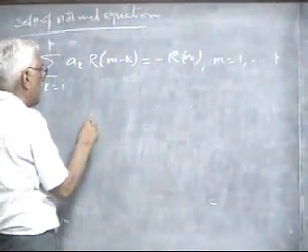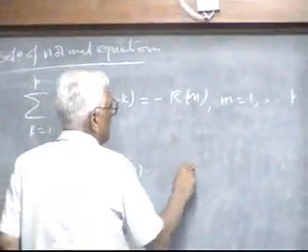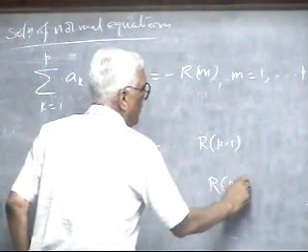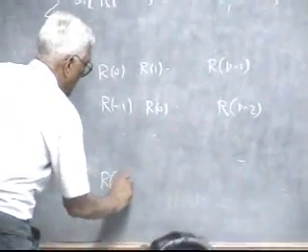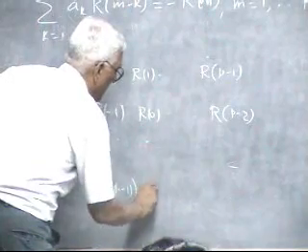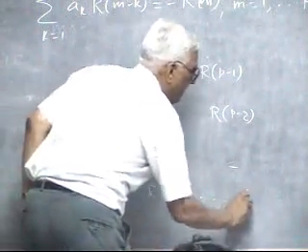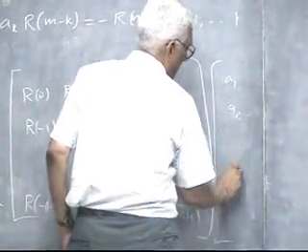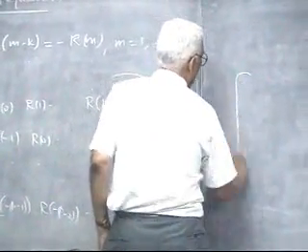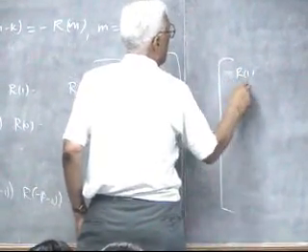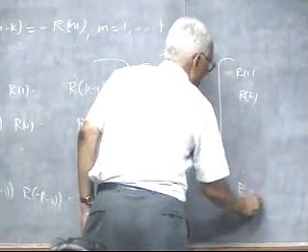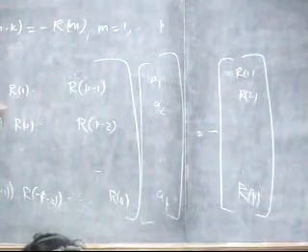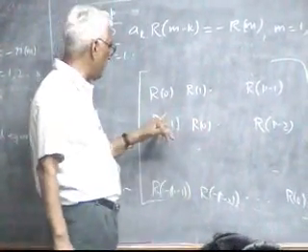If you really write this whole thing, you can write like this: R0, R1, etc., R p minus 1, R minus 1, R0, etc., R p minus 2, and also of course I needn't have written like this, but if you write this, this is what it is, but r minus 1 is same as r1.